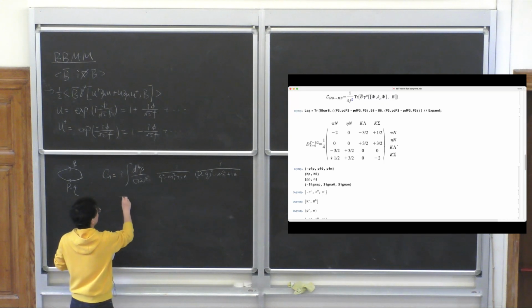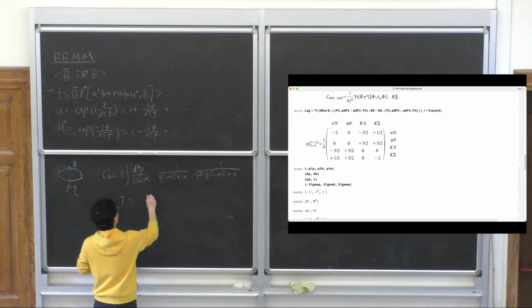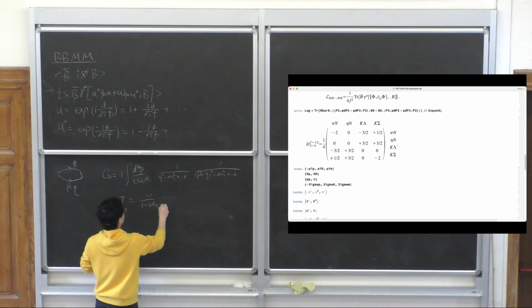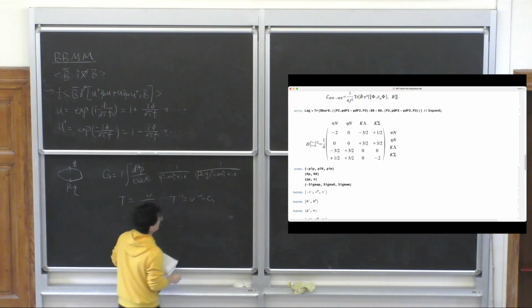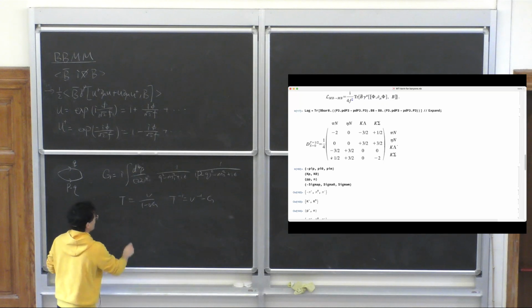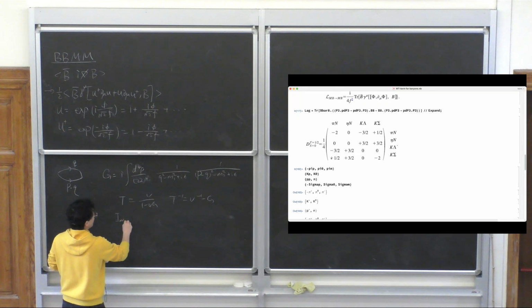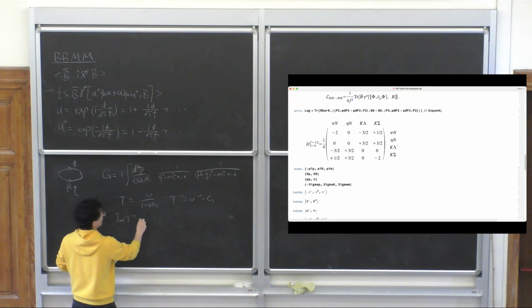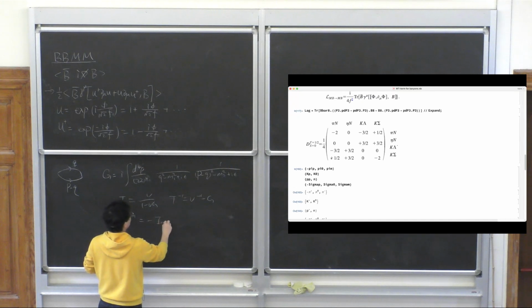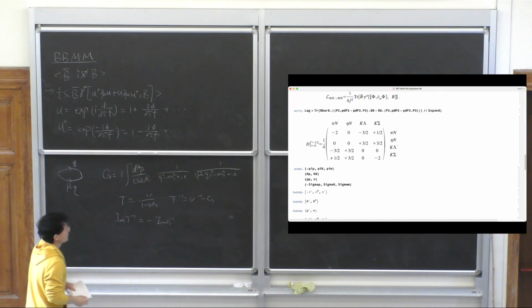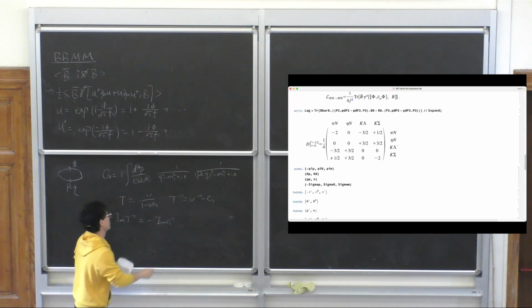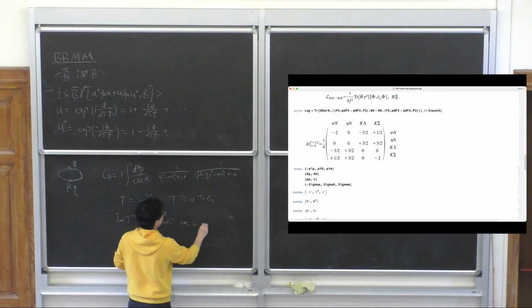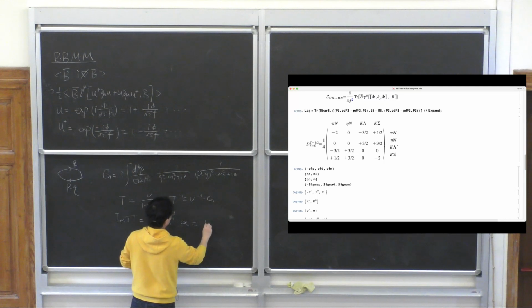It is T equals V minus VGT, and T inverse equals V inverse minus G. And so what we want to show is that the imaginary part of T inverse equals minus the imaginary part of G, and that it is proportional to the momentum.